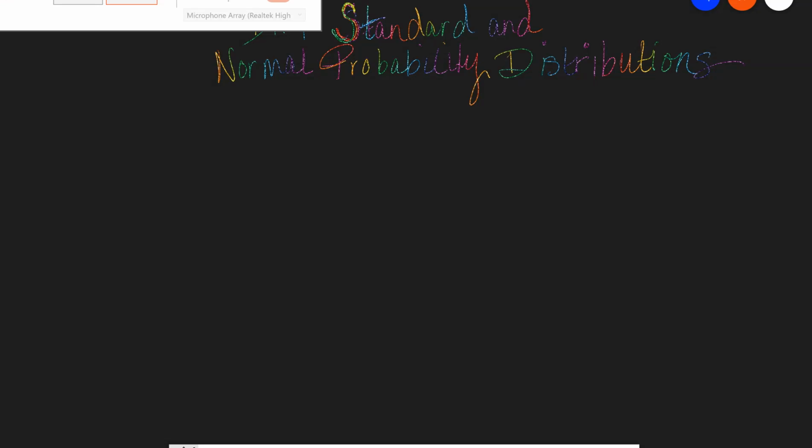Now, when we're talking about the normal probability distribution, it's important that we really solidify, at least in our minds, what a standard deviation is telling us. So I'm going to draw this out in a couple of ways with normal curves, because a normal probability distribution can have any mean and any positive standard deviation.